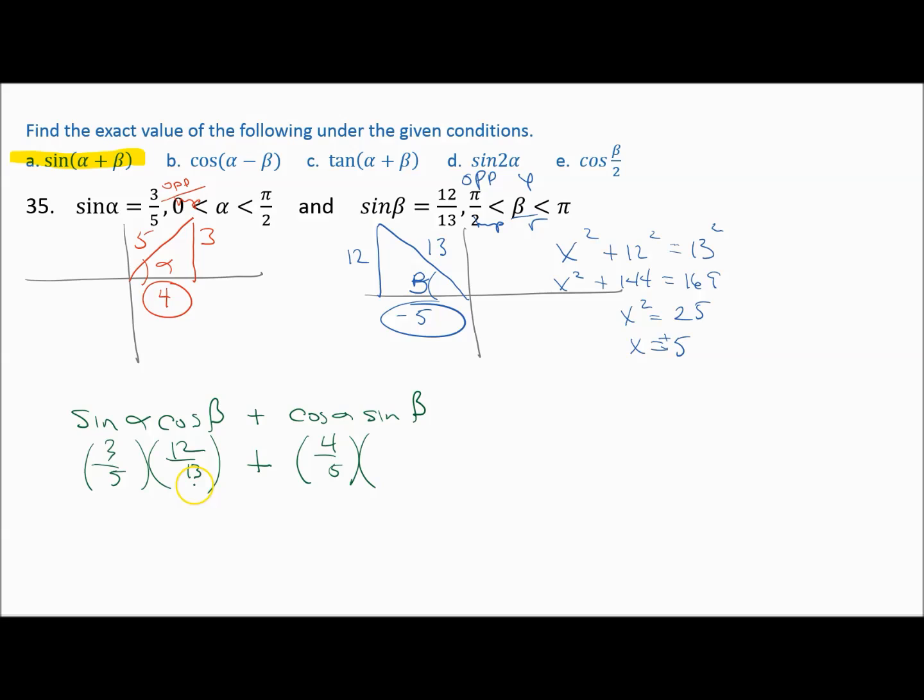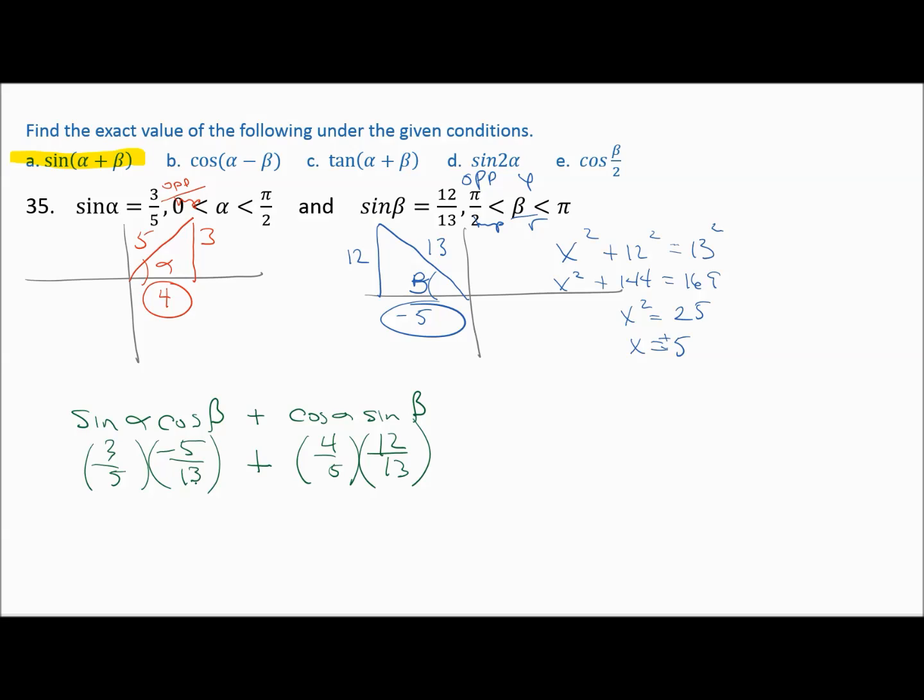I did cosine of beta. So sine of beta is 12 over 13. Let's fix this. Okay, so back over here. That is incorrect. Cosine of beta. Okay, here's my beta picture. Cosine is adjacent over hypotenuse, and hopefully you caught that as you were watching me do the problem. I just jumped in there too quickly.